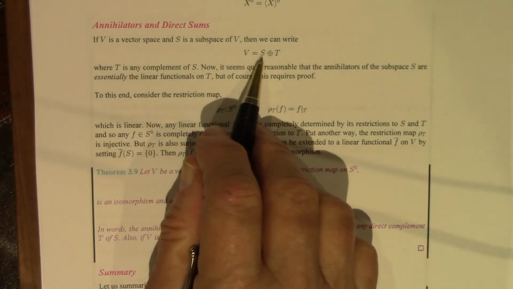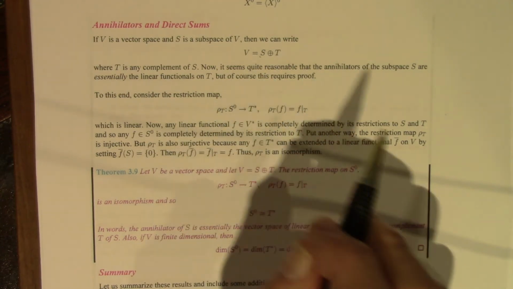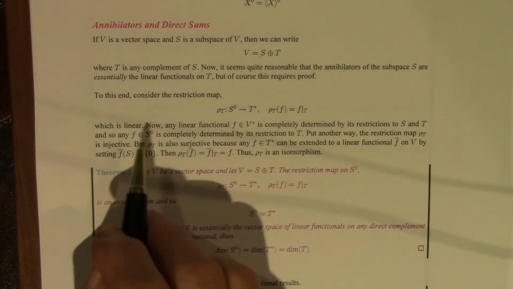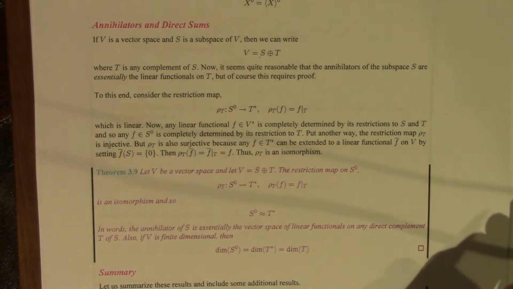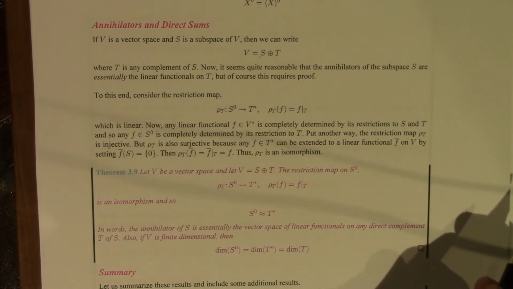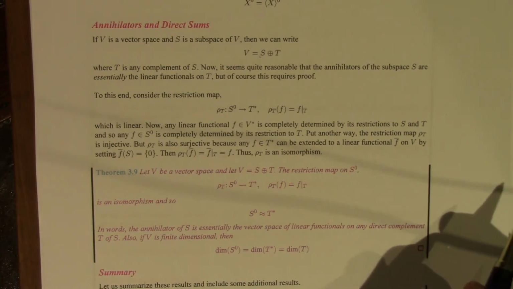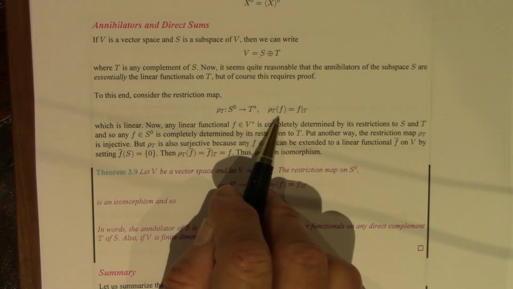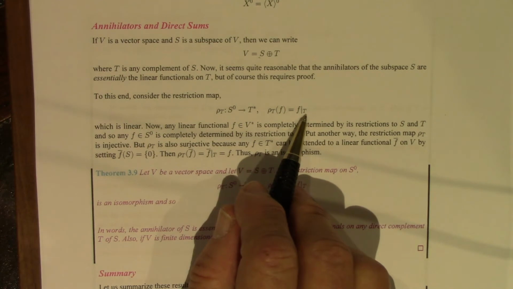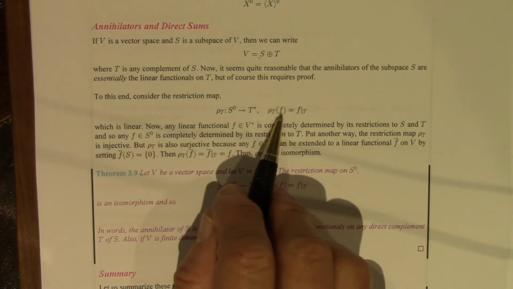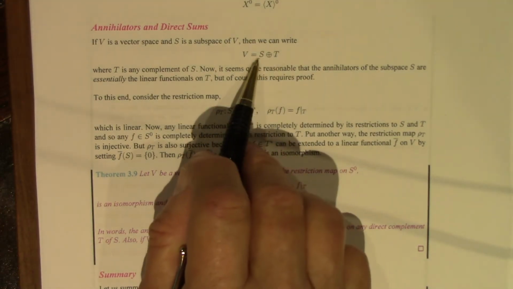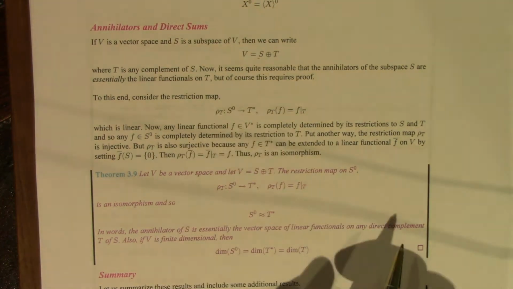We've already said what it does to S. All we have to do is deal with what it does to T. In other words, any linear functional in S naught is completely determined by its restriction to T. Put another way, this restriction map is injective. If we know the value of f on T, then we know f, because f annihilates S. So we know everything about f. We know what it does to T, we know what it does to S.